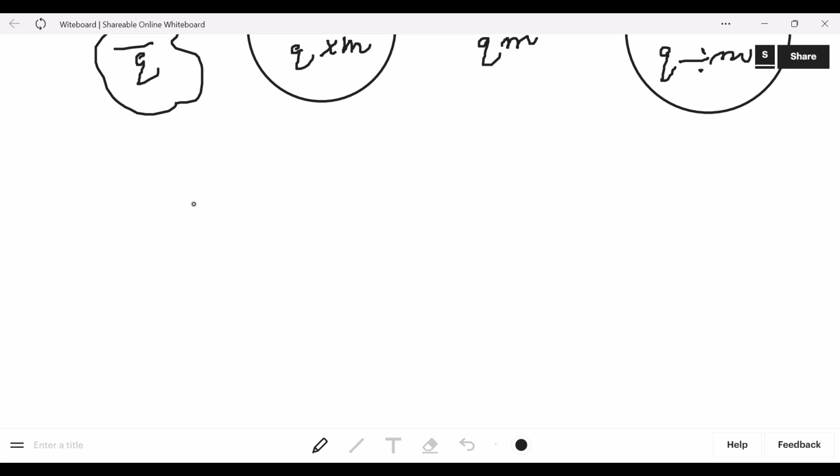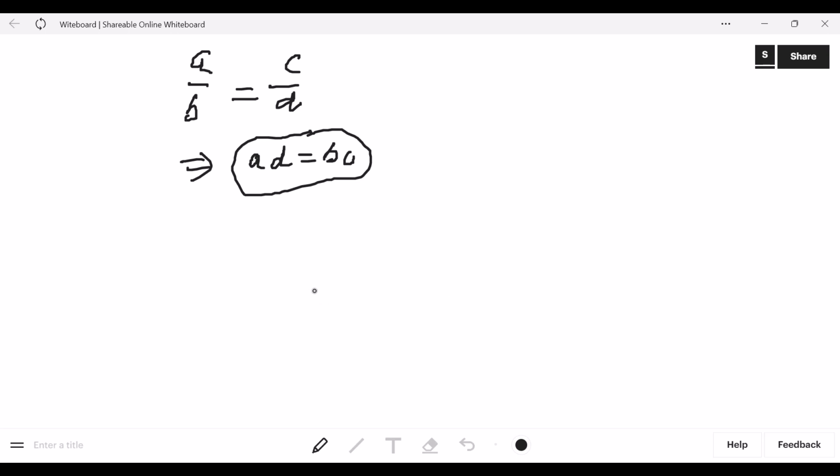Then the next property is, if a upon b and c upon d are two rational numbers equal to each other, then we can cross multiply them. That is, AD is equal to BC.